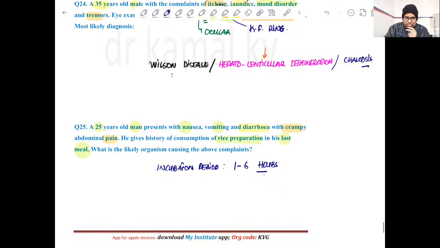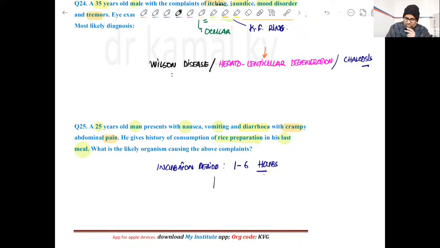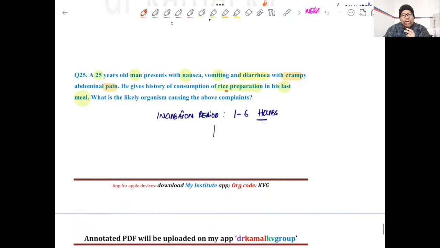Yes, I think it's not that tough. Gentlemen, this is not rice water stool. This is a rice preparation. It means the person has taken fried rice.